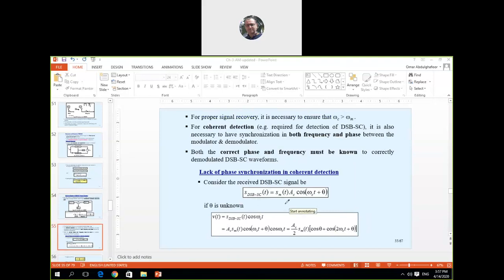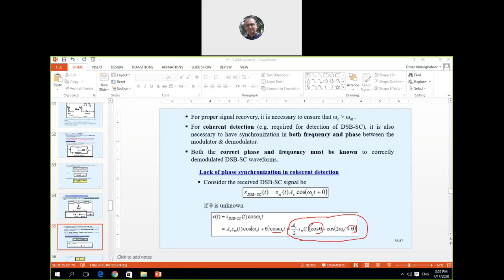What we'll have, you can see this one, is with A, then multiplied by the carrier frequency. Then we reach cosine times cosine, same cosine A, cosine B, and we get A sub C divided by 2 times m(t), times cosine of 2 omega C t plus theta, and also cosine theta.